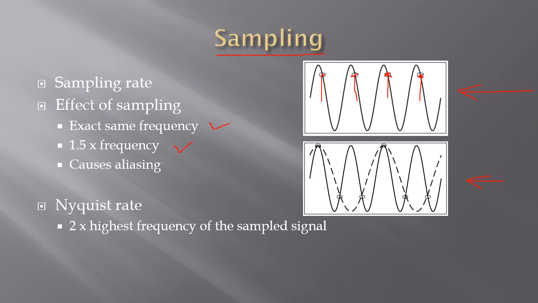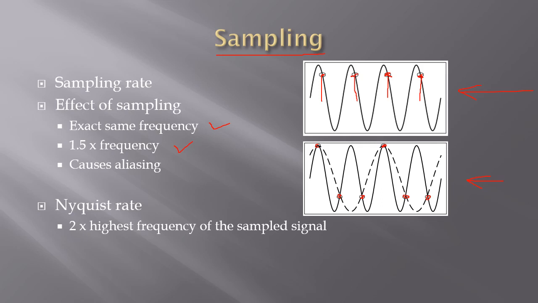We have the signal, let's say it is whatever hertz, it doesn't really matter which frequency, and because we sample at 1.5 times the frequency, we have a signal of 1 divided by 1.5, which is 2 by 3, 2/3 of the frequency of the original signal. So the result is the signal of the dotted line.